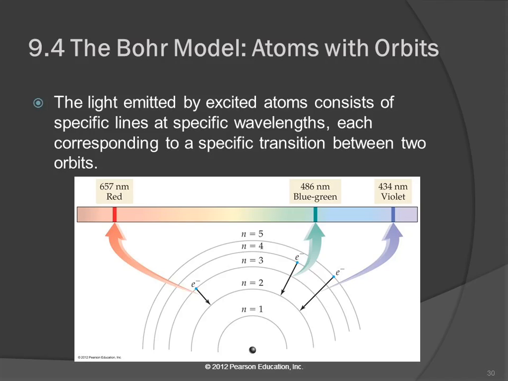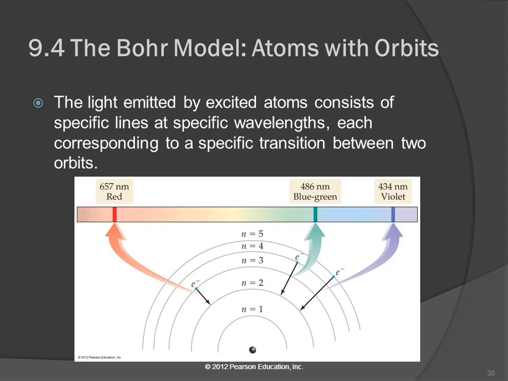So here's a different illustration. If the electron in a hydrogen atom goes from level 3 down to level 2, the energy that is given off as light corresponds to a wavelength of 657 nanometers, which is red. The blue-green line is from level 4 down to level 2, and that violet line is from level 5 down to level 2.